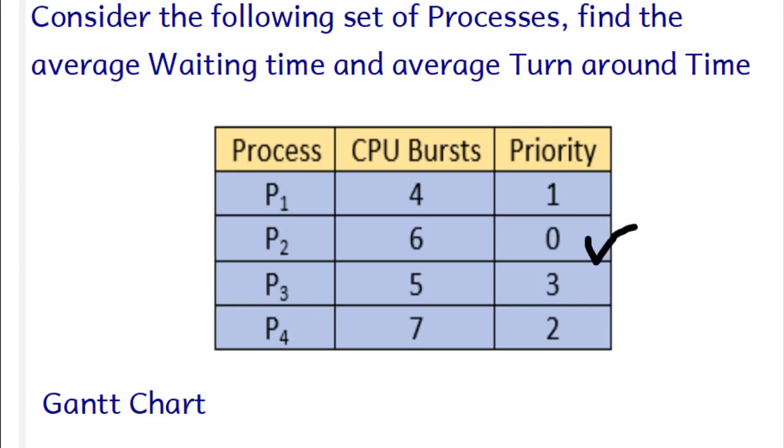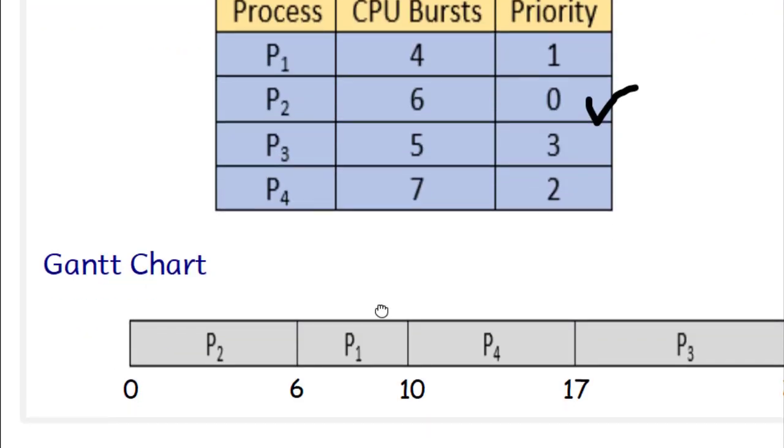So we draw the Gantt chart for this. Process P2 is executed first. It has CPU burst 6, so it executes from 0 up to 6 time units, or 6 milliseconds. After this, the next process which has the highest priority amongst the remaining is P1. It has CPU burst 4, so 6 plus 4 is 10.